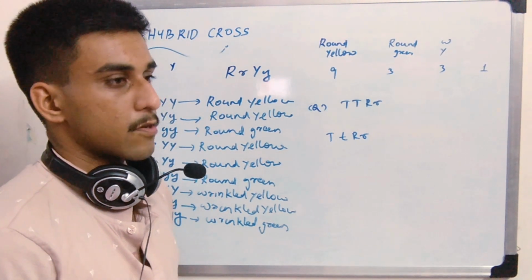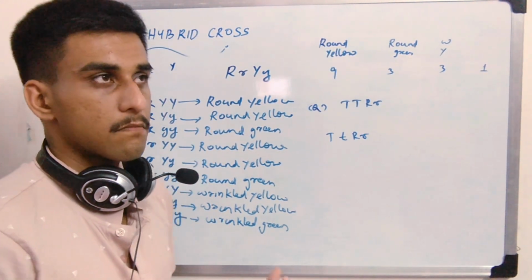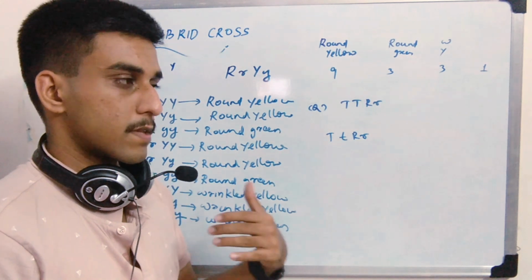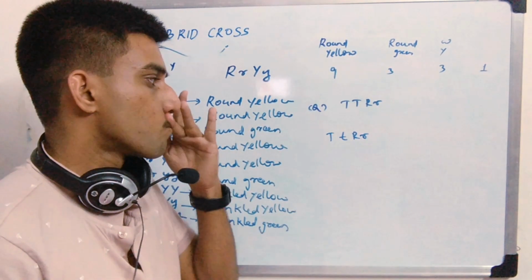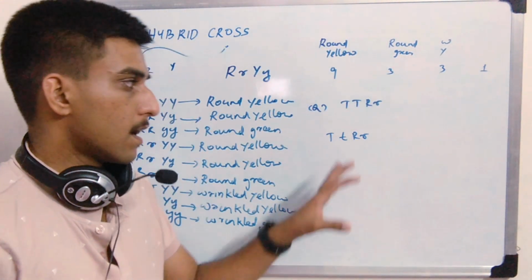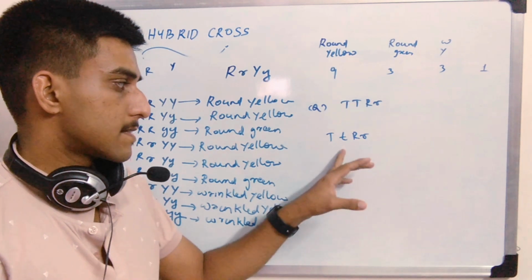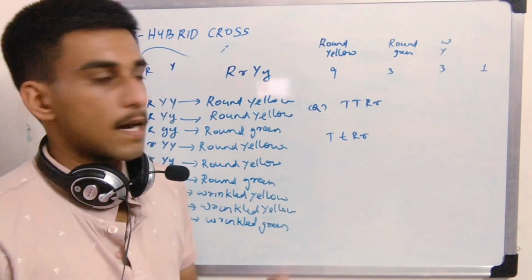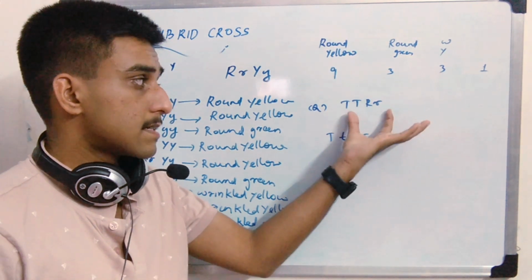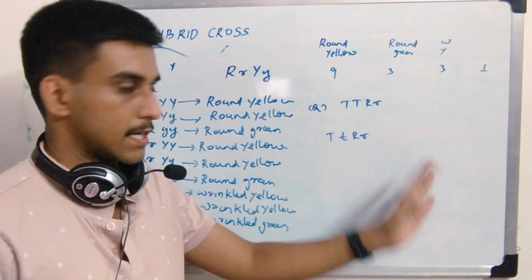What do we mean by frequency? Frequency is the number of times a thing is happening, divided by the total number. So how many times this genotypic combination occurs, we need to find it.